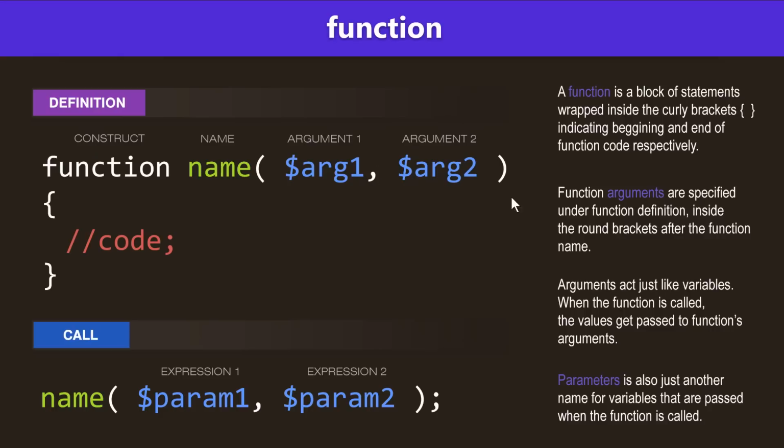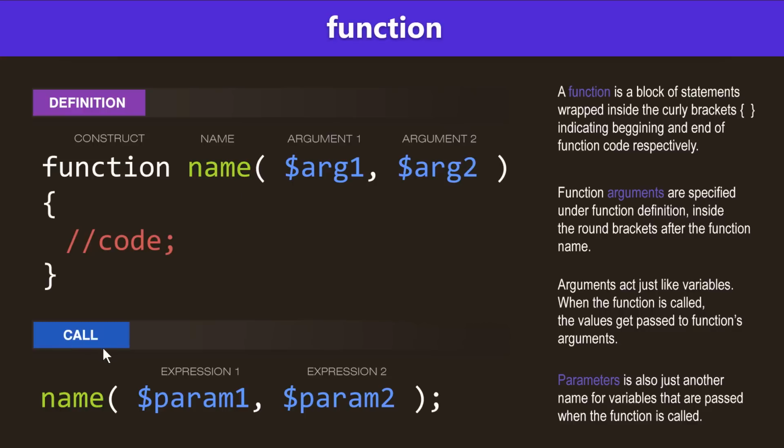Now you can think of arguments just like the variables. And after the round brackets we have curly brackets, and inside the curly brackets we have a group of statements, which is basically function's code, which is going to be performed when the function is called.